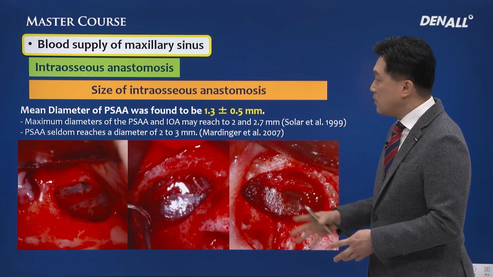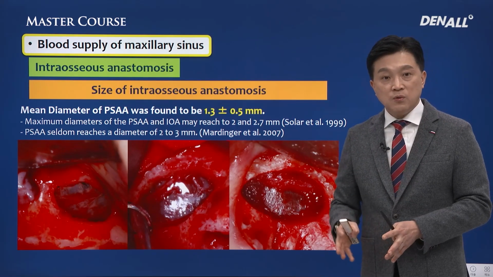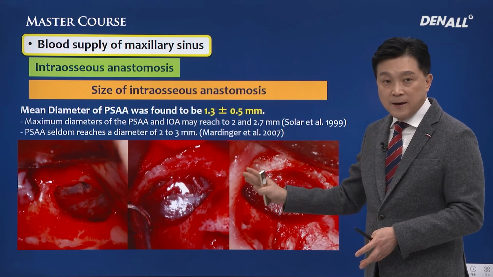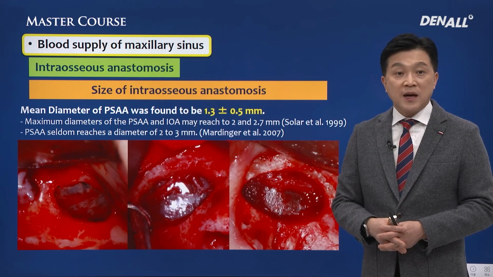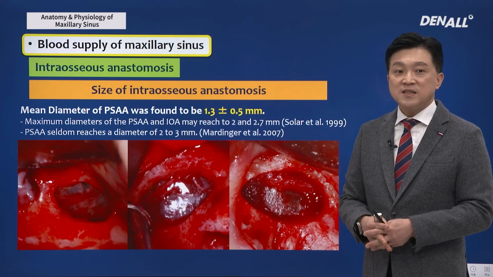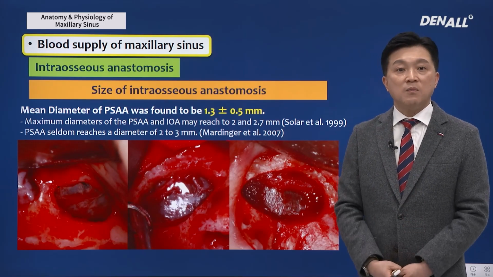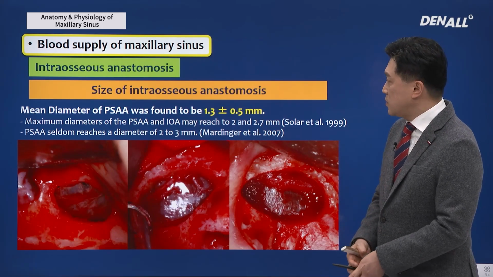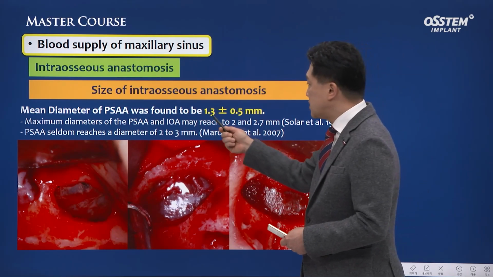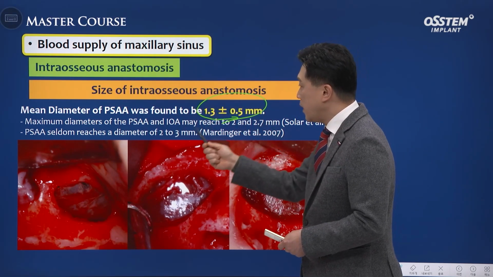However, in the case of intraosseous anastomosis artery, when we prep a window, if within the window design, if intraosseous anastomosis artery is included, then more bleeding can occur. If you look at the size of the intraosseous anastomosis artery, it is in general 1.3 millimeters, give or take 0.5 millimeters.